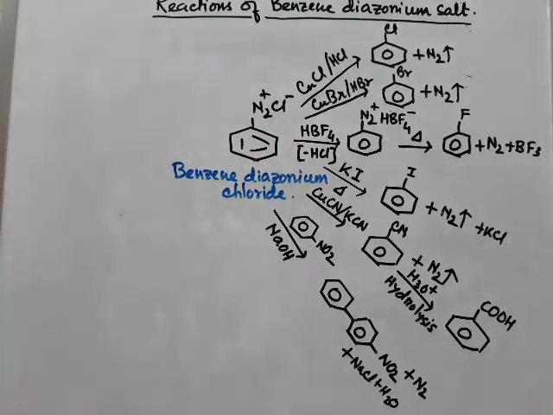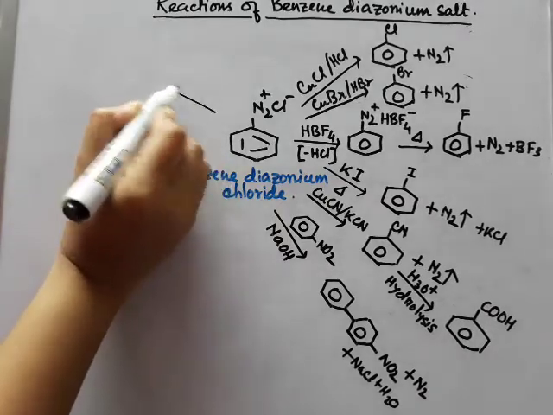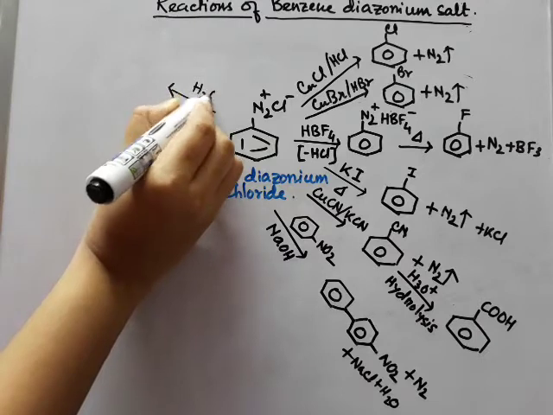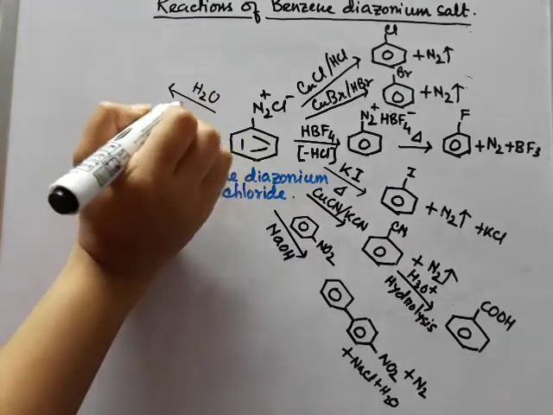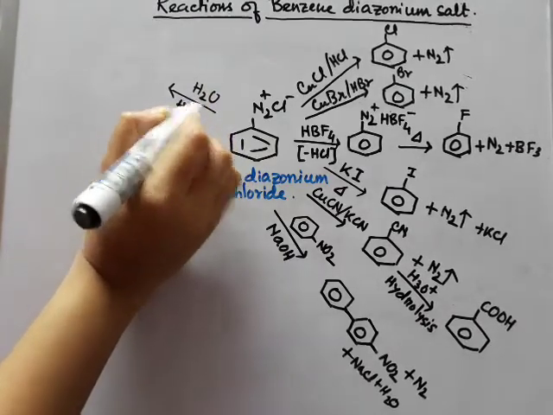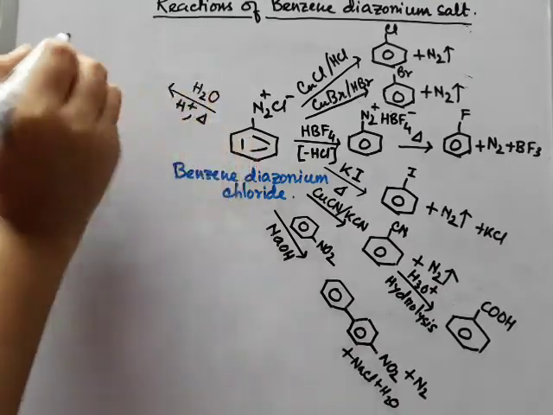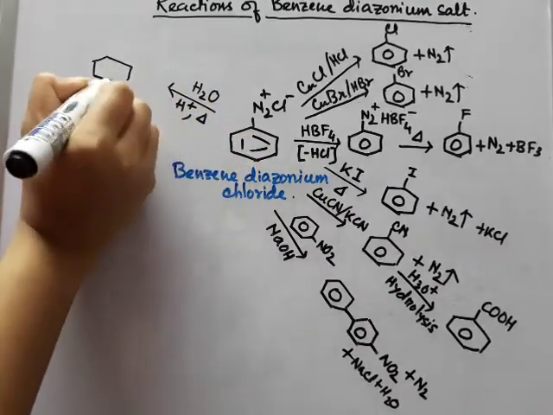Okay, so we are getting phenol from this one. So we are treating it with H2O, which is of course acidified, and we are heating the solution, then we will get phenol.